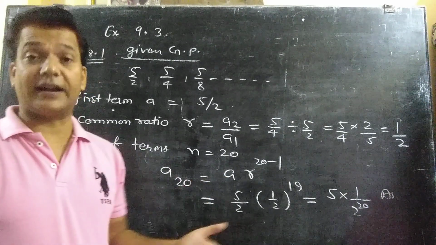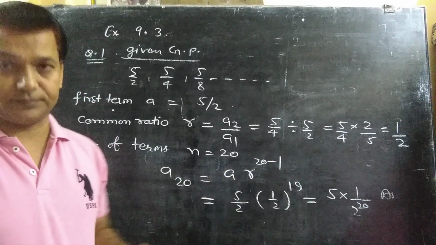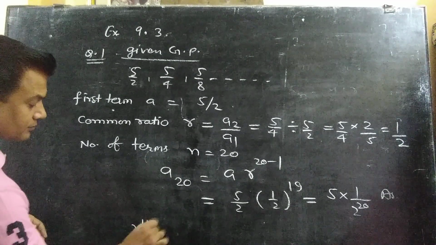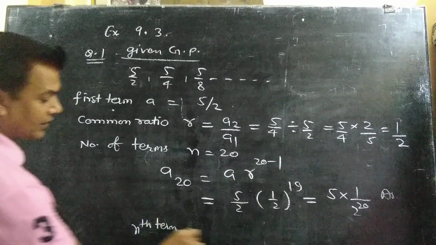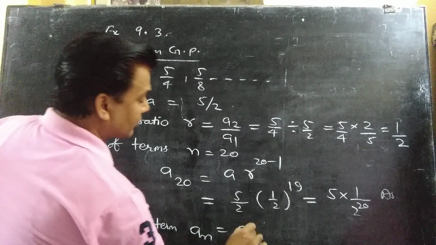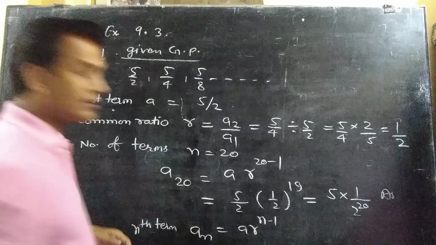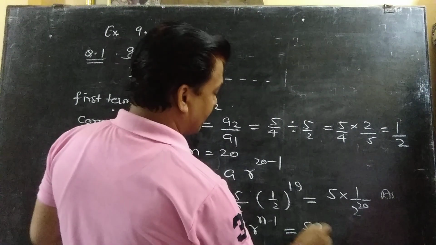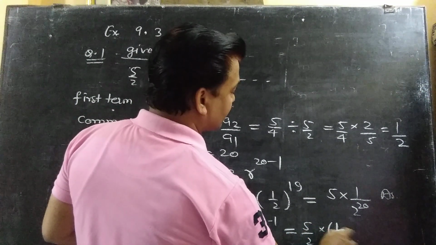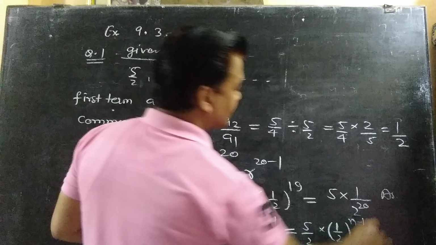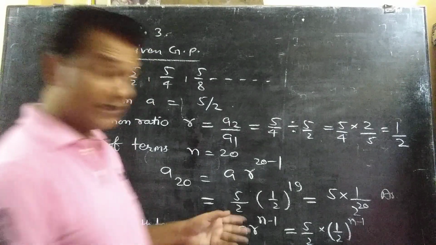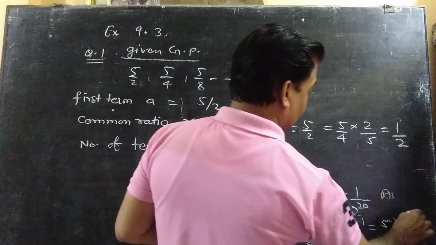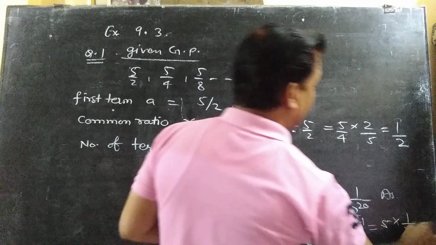Now we want to find out the nth term. And the nth term is given by an equals a into r raised to n minus 1. The value of a is 5 by 2 and r is 1 by 2 raised to n minus 1, and it will become 5 into 1 by 2 की power n.